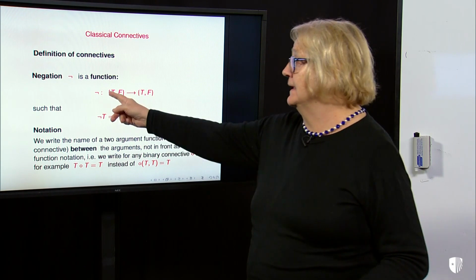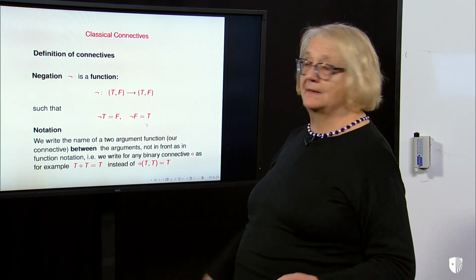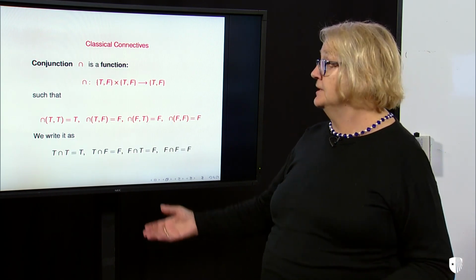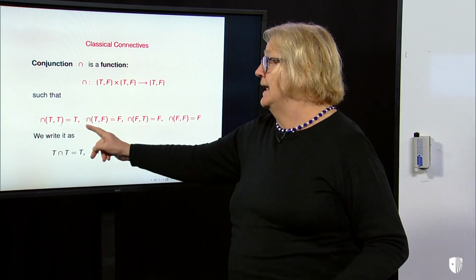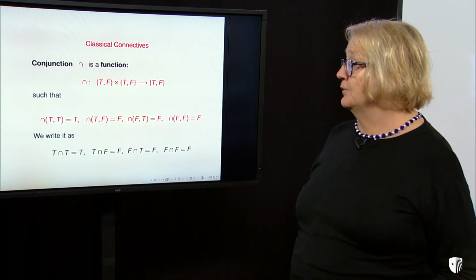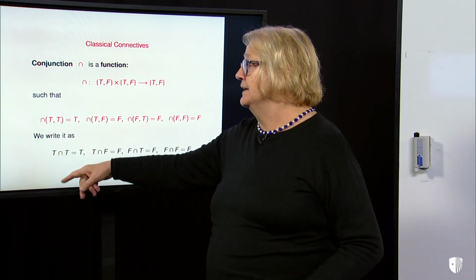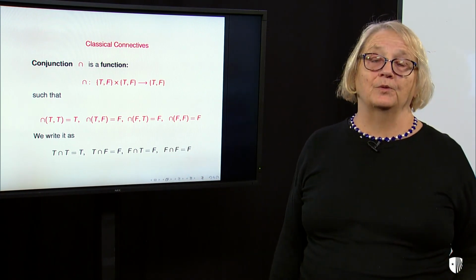So our classical negation is defined as a function defined by this formula. And conjunction is another function which takes two logical values and returns one; instead of conjunction on T, T, we write T, and here is your formula.